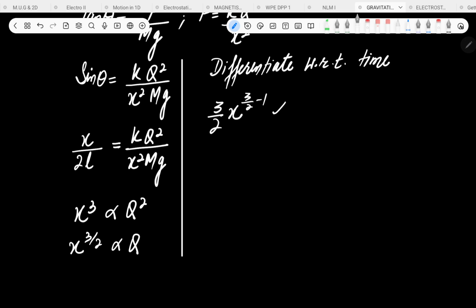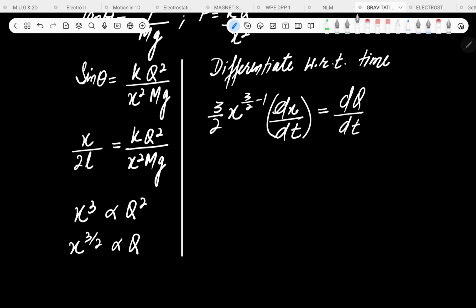Right? It is directly proportional to dx divided by dt, which we call as internal differentiation. Okay? Is equal to differentiation of q will be dq divided by dt.